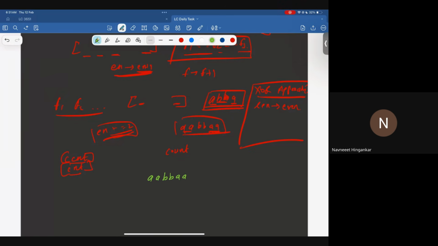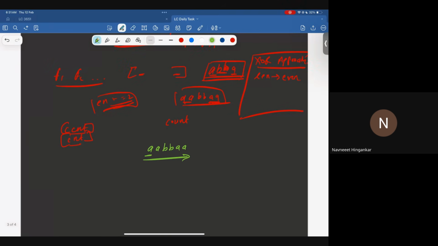right? I am starting from here and in this direction I will keep adding one by one. The moment I add a, my count of a becomes 1, so my count of 0 goes to 1 and count of 1 becomes 1.